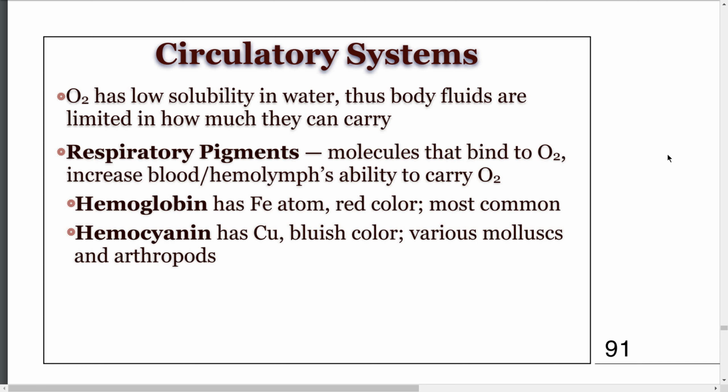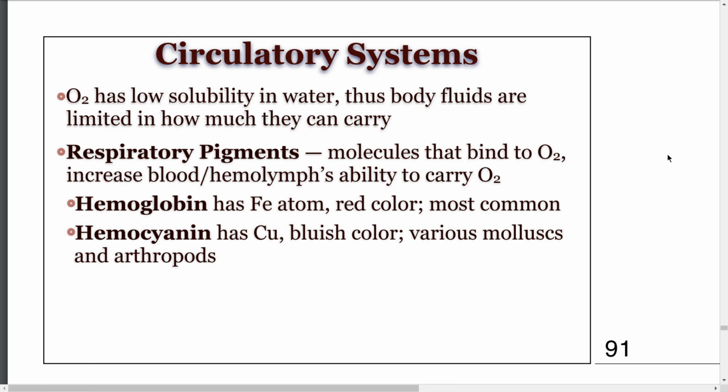So the one that you should all be familiar with is hemoglobin. That's, of course, the same respiratory pigment that we use, and it has an iron atom in its center, and that iron atom gives the hemoglobin a red color. The brightness of the red basically determines whether or not it's bound to oxygen at the time.